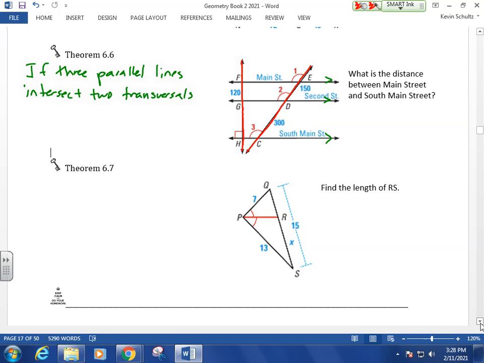So if three parallel lines intersect two transversals, then the transversals are divided proportionally.